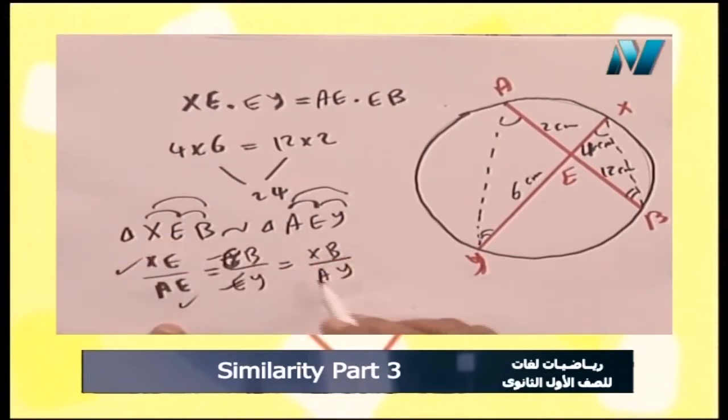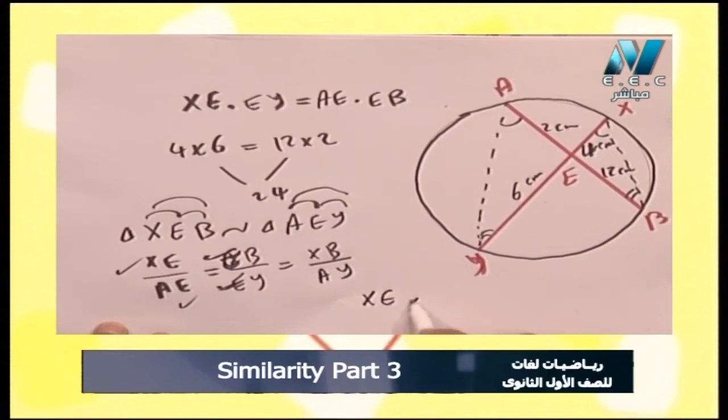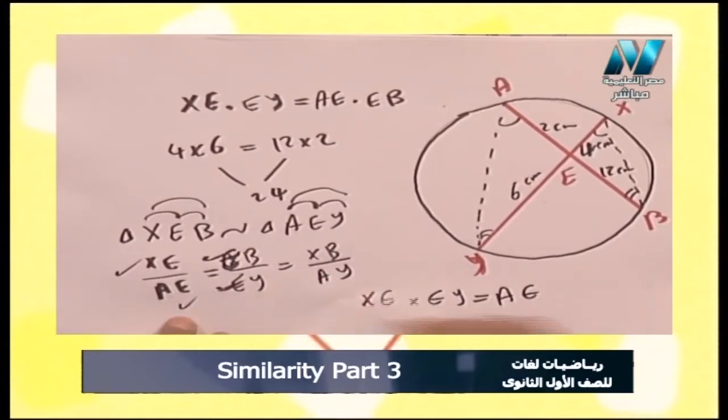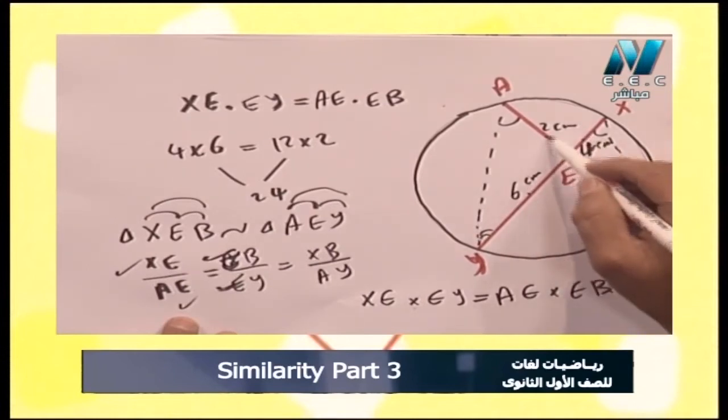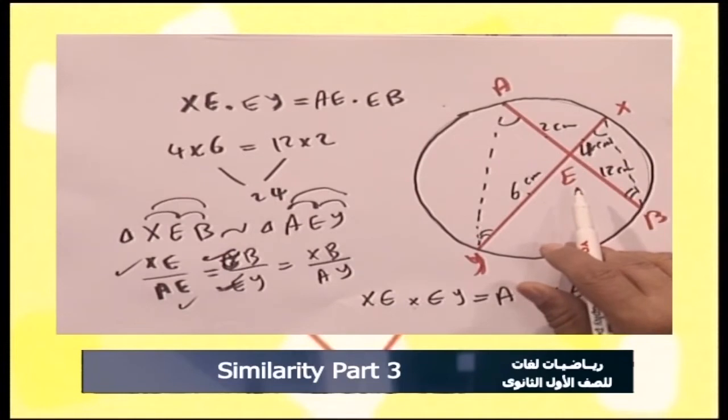And we will find out that XE multiplied by EY equals AE multiplied by EB. So this part multiplied by this part equals this part multiplied by this part. That's from similarity.